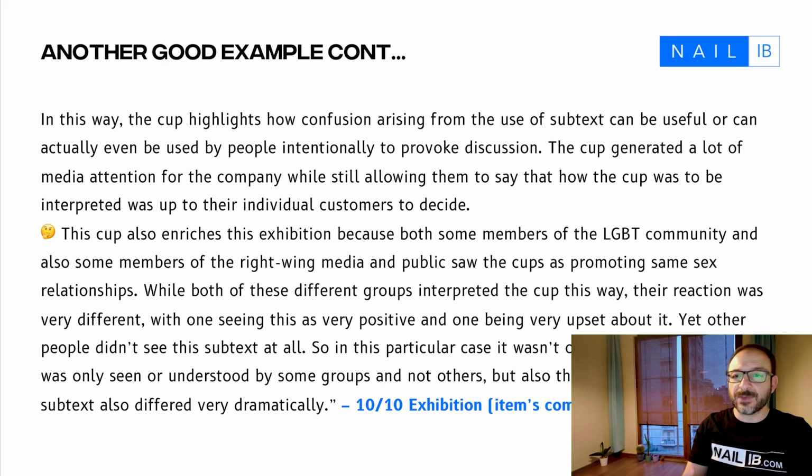While both of these different groups interpreted the cup this way, their reaction was very different, with one seeing this as very positive, one being very upset about it. Yet other people didn't see this subtext at all. So in this particular case, it wasn't only that the subtext itself was only seen or understood by some groups and not others, but also that the reaction to the subtext differed very dramatically.